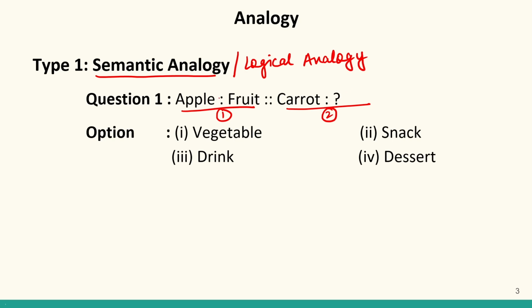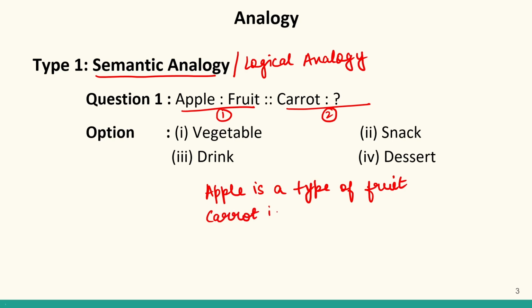Very clearly, apple is a type of fruit. Similarly, carrot is a type of vegetable. So our answer will be option number 1, vegetable.